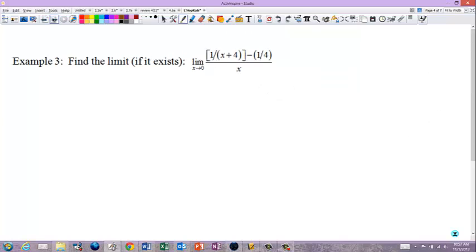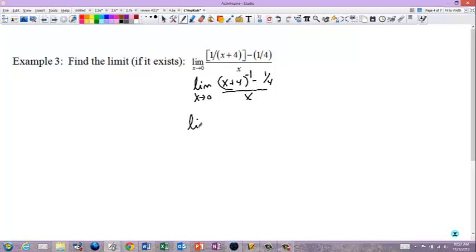And then find the limit if it exists of this one. This is the one where we would have to get the common denominator and then cancel the x's. Or we could, let's rewrite it before I take the derivative, as x plus 4 to the negative 1 minus 1/4 over x.